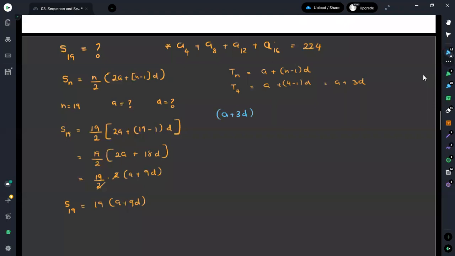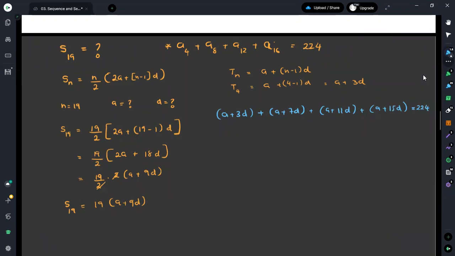Then the 8th term we can get as A plus 7D. The 12th term is A plus 11D, and then added to that, the 16th term is A plus 15D. This is equal to 224.